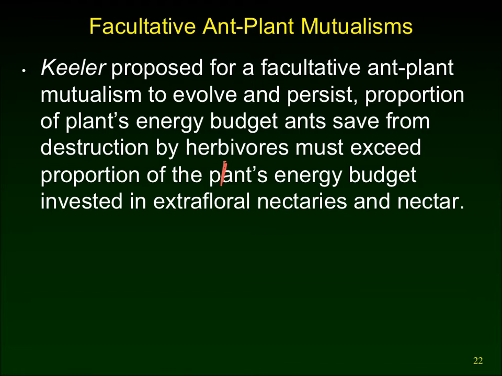So it's got to work for both partners, and the cost can't exceed the benefits, otherwise it will not evolve.